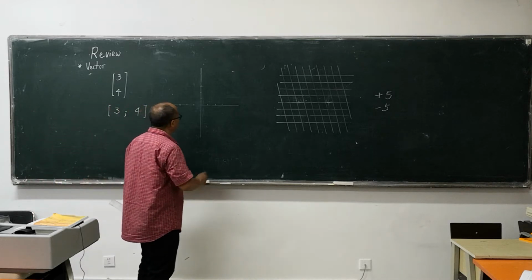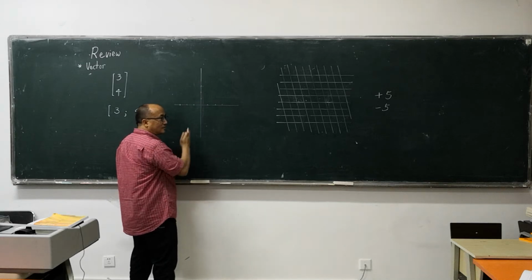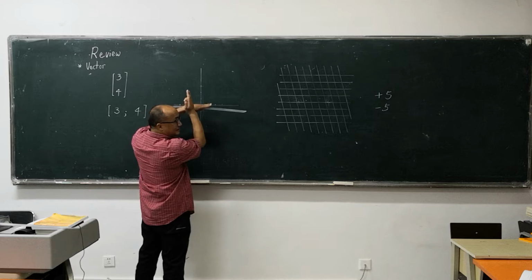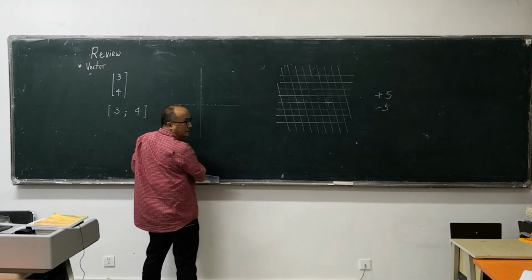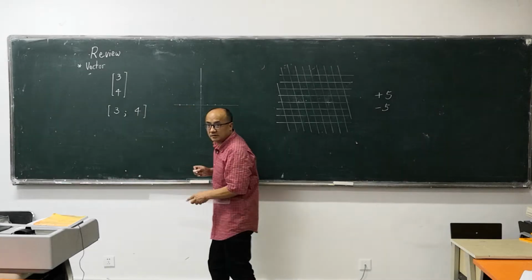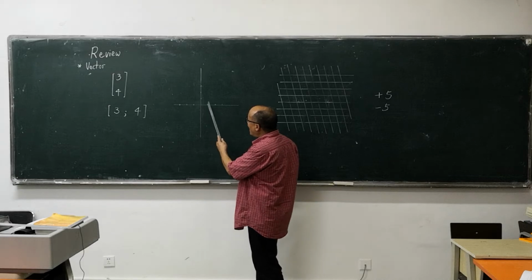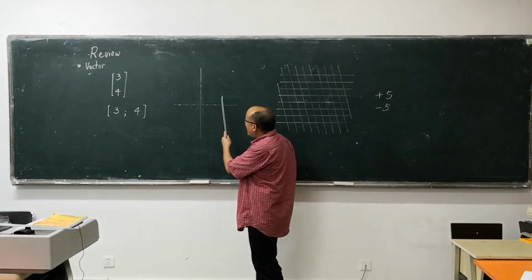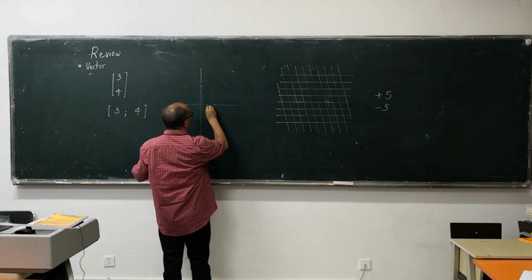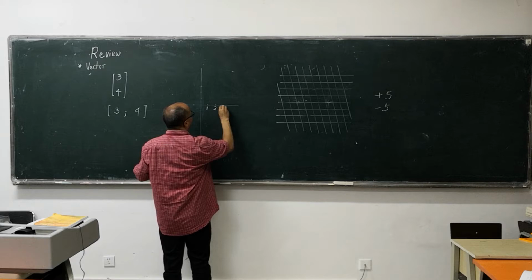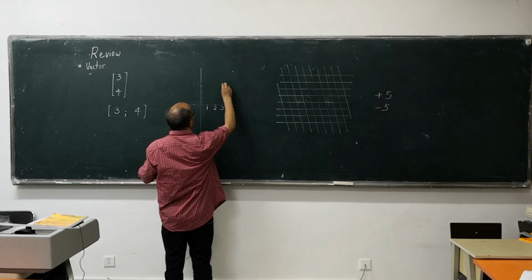In our class, I always use the very nicely vertical form. So 1, 2, 3 and 1, 2, 3, 4.